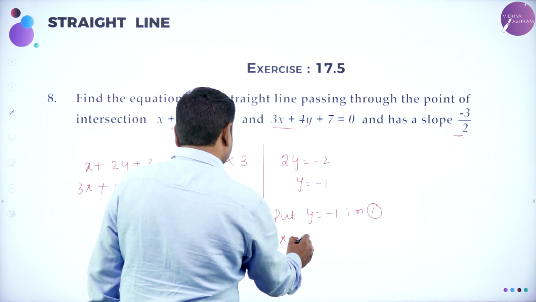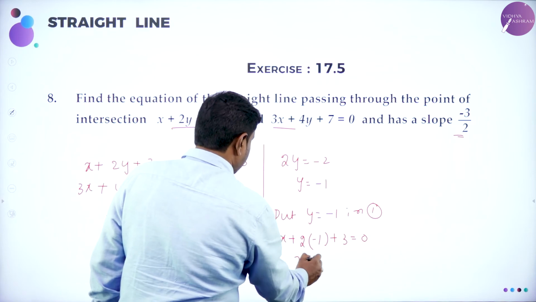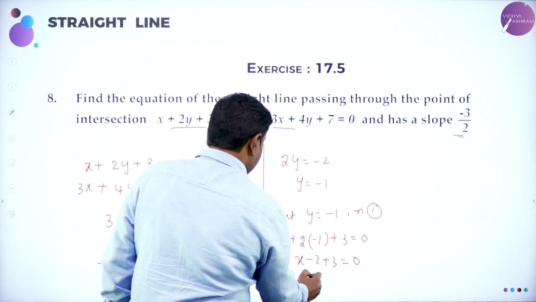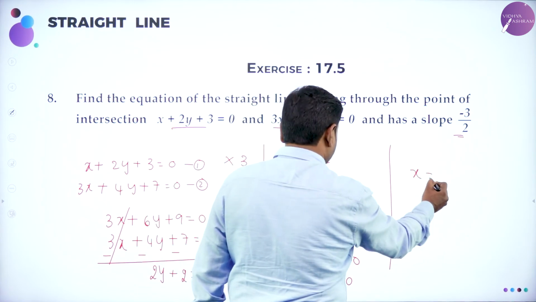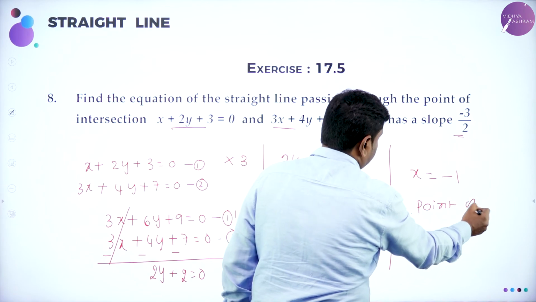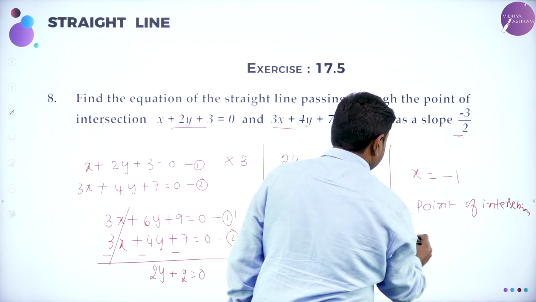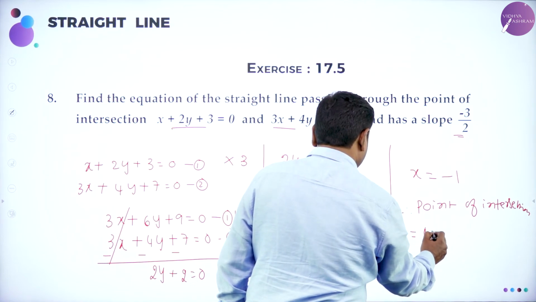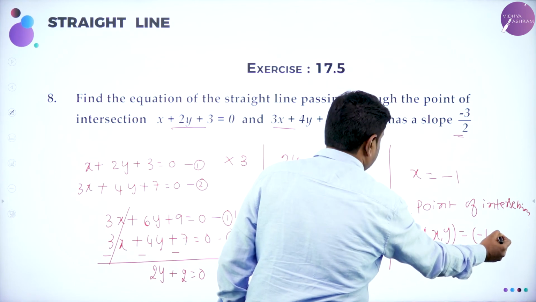Equation 1 is x plus 2y, 2 into minus 1 plus 3 equal to 0, x minus 2 plus 3 equal to 0, x plus 1 equal to 0. That implies x is equal to minus 1. So therefore point of intersection, x comma y, is minus 1 comma minus 1.